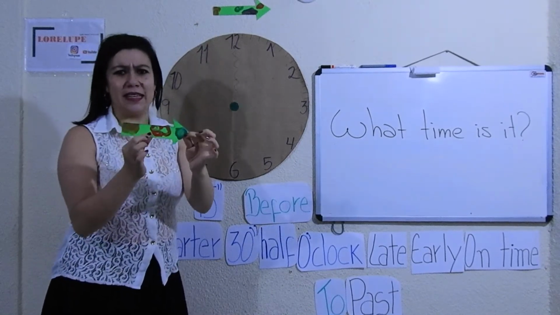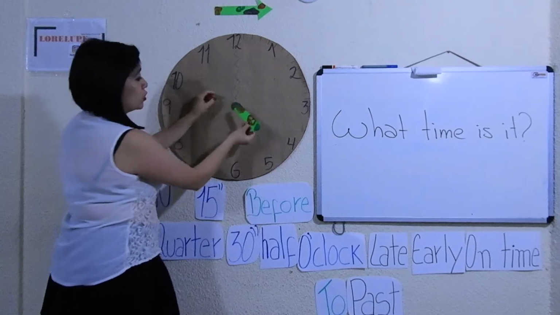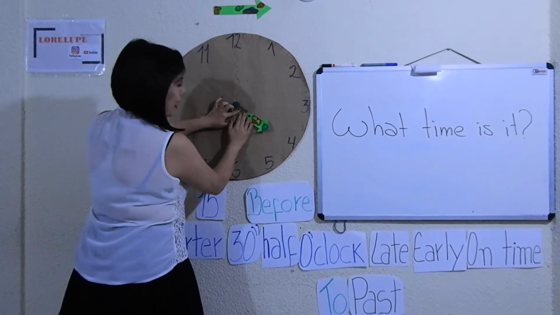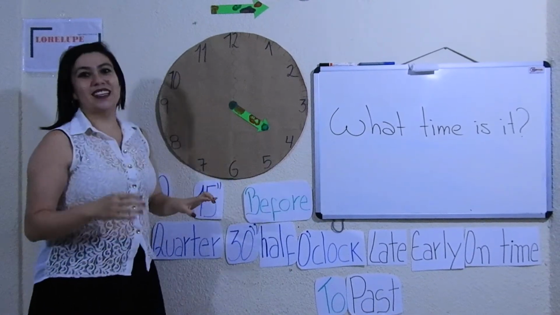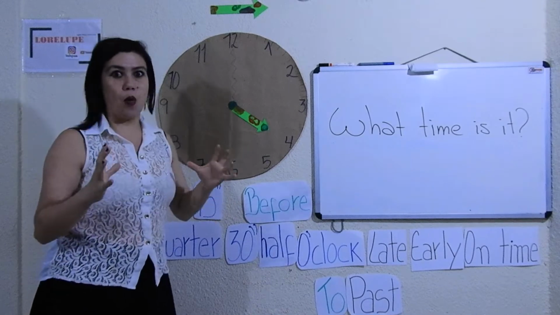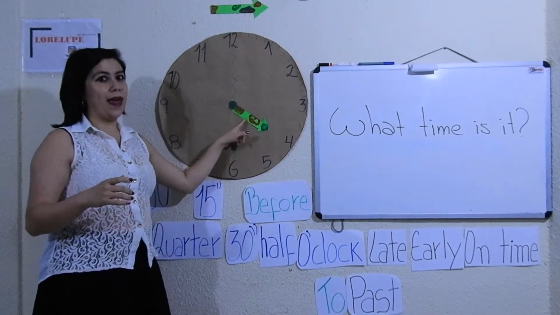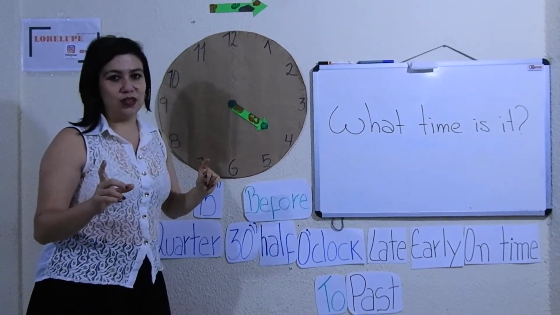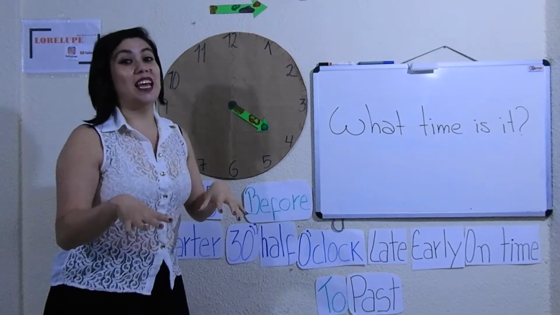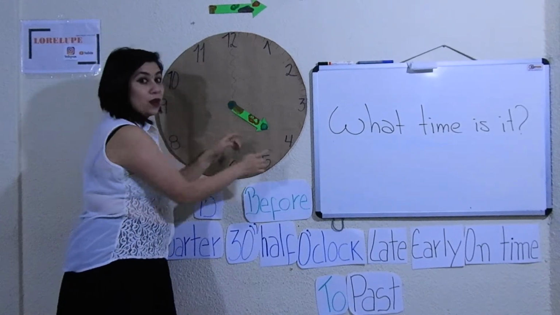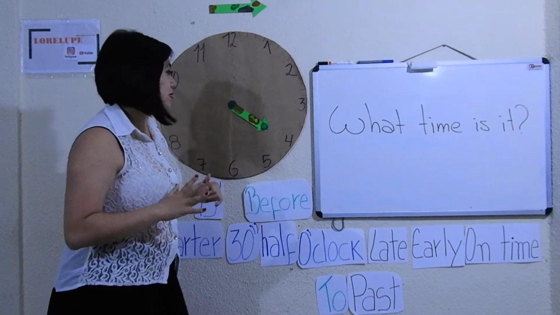But I would like to make you feel familiar with some vocabulary. So, the hands of the clock. When you use the shorter hand, that is going to talk about hours. The name is not shorter hand like in Spanish. The name is hour hand because it shows us the hour.